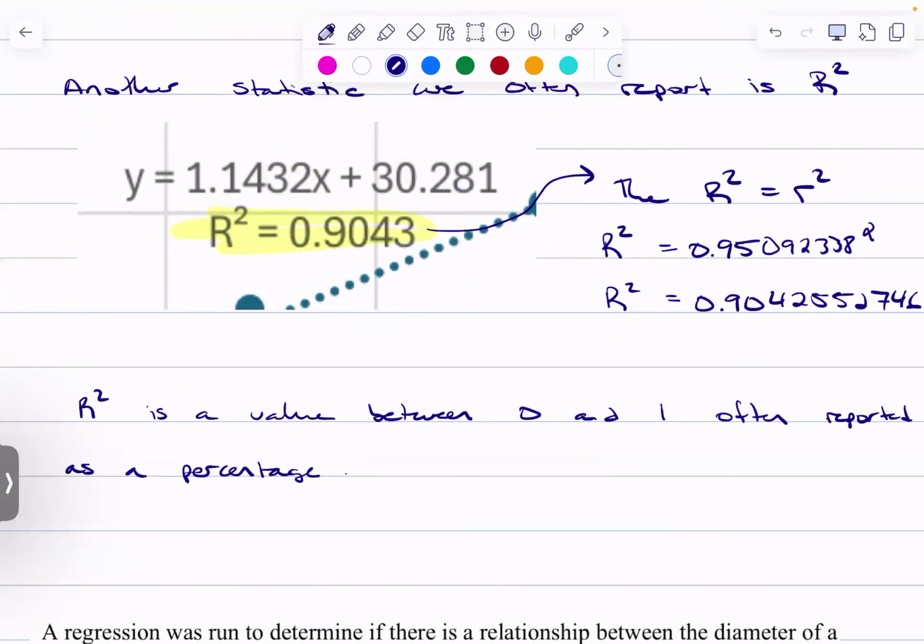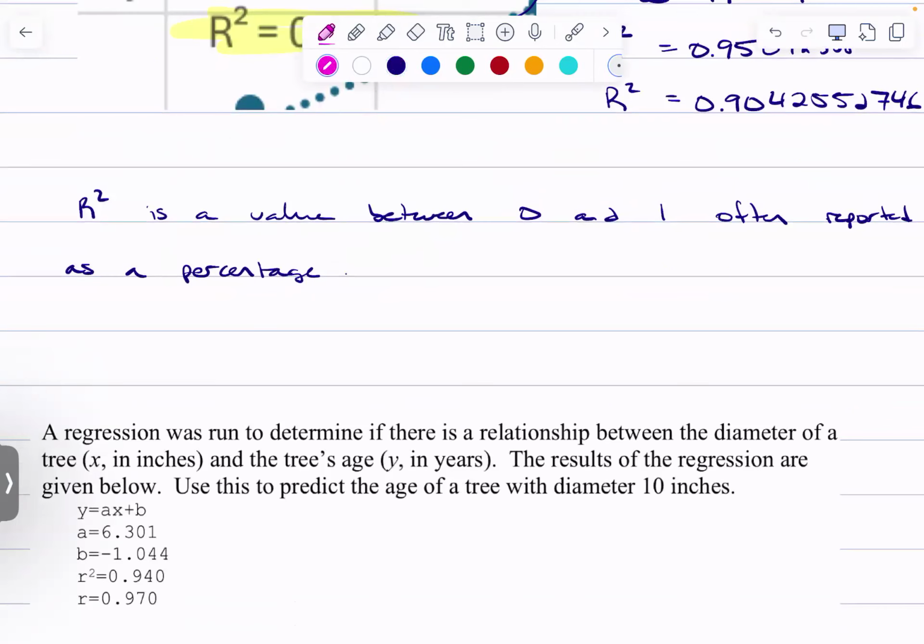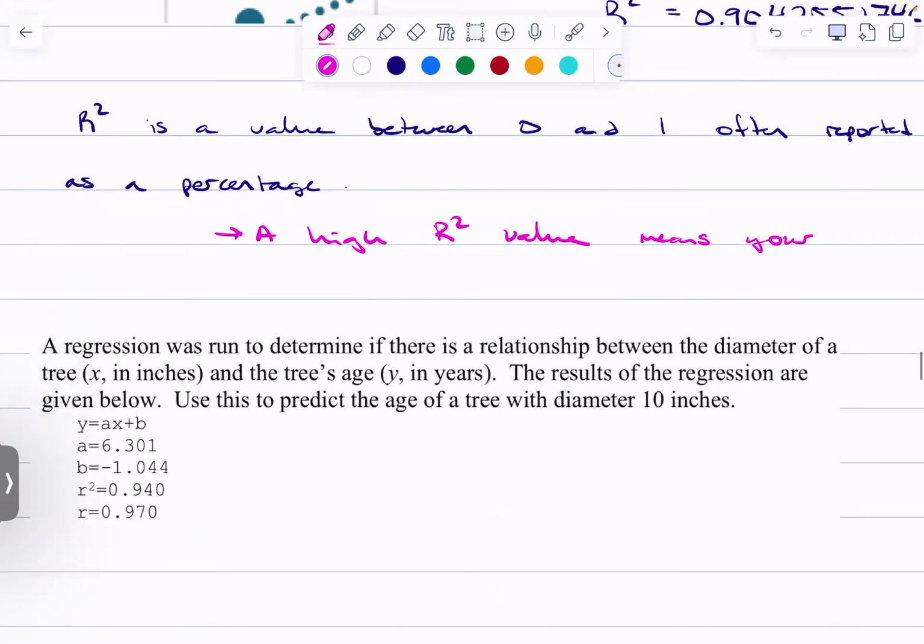But similar to the correlation, a high r squared means that you have reliable estimates. And so again, a high r squared value means that you have reliable estimates. I should say predictions.